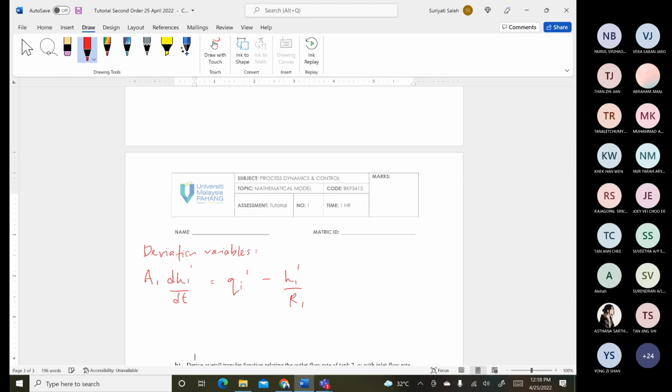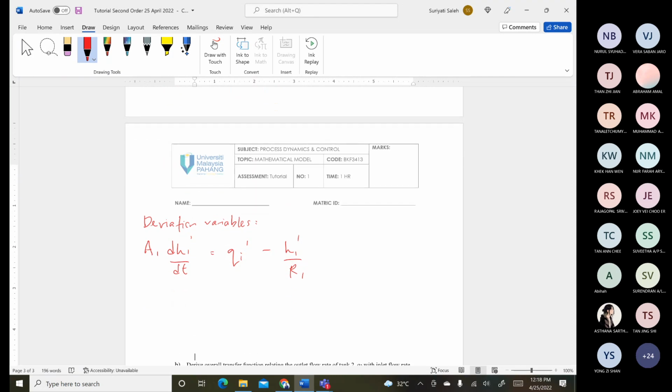This is our deviation form, where H1 prime normally represents H1 minus H1 bar, and Qi prime equals Qi minus Qi bar. The inlet flow rate is going to change, and the level of course is going to change. The only constants in this case are your area A1 and the resistance R1. That's why for A1 and R1, you don't need to include the prime.